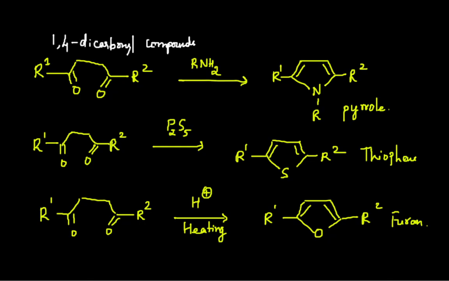Okay. First up, we will start with Paal synthesis of pyrrole using 1,4-diketones. Let us discuss its mechanism. So you have your 1,4-diketone.